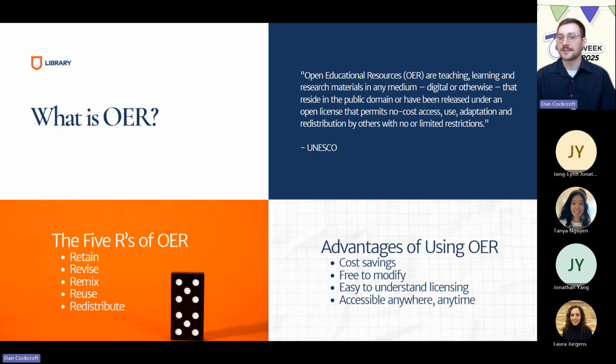When students are tasked with buying that $400 math textbook, only to find that there's a new edition coming out next year, they can now use a free textbook. They're also free to modify. So if you want to adapt the context of the resource, say you're using an OER textbook that has American examples, you can change those to Canadian examples if you'd like.